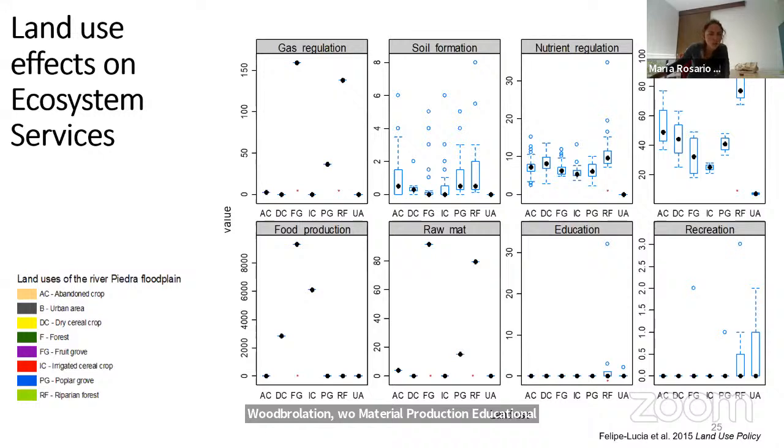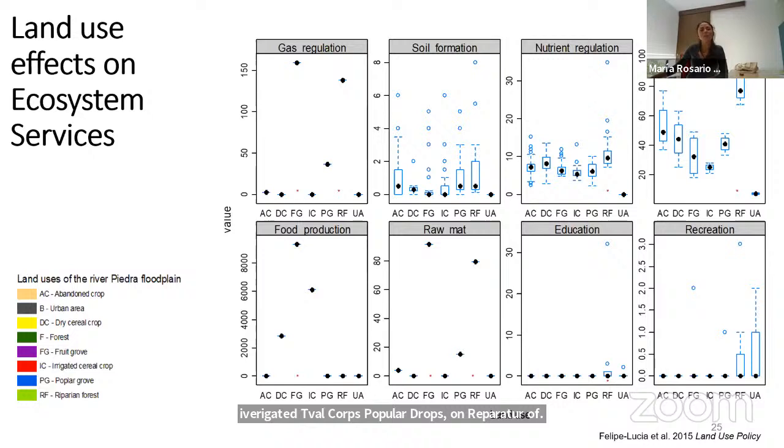Here, for example, we had land uses from abandoned crops to urban areas, dry cereal crops, forest, fruit crops, irrigated cereal crops, poplar crops, and riparian forests. So I was comparing a number of indicators of ecosystem services across different land use types.